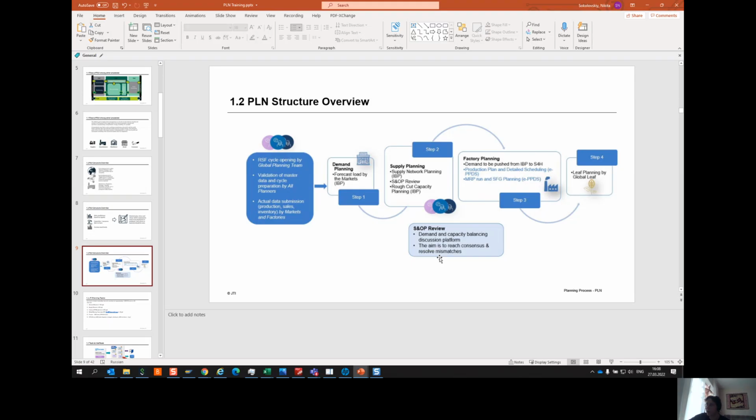It is a step when all the demands for different markets and capacities are reviewed, and business needs to approve all this before sending this input information to the factory planning module. The aim of S&OP peer review is to reach consensus and resolve mismatches, just based on common sense.